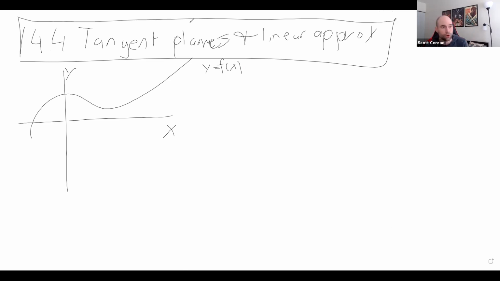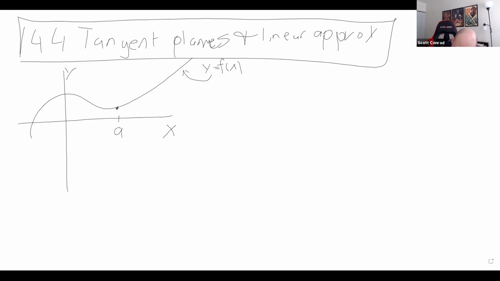So it's a curve, right? It's y equals f of x is that curve. And suppose we look at a point x equals a, right here.